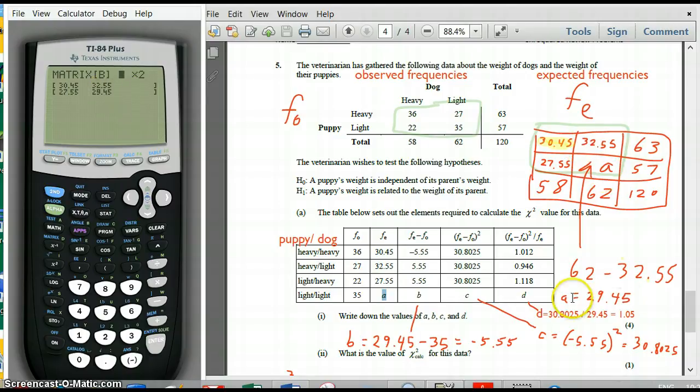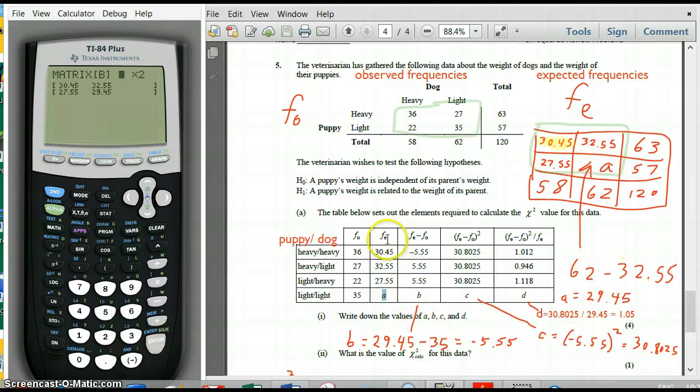And if I wanted to calculate 29.45, it would be pretty easy to do because we know the subtotals, right? And if we know the subtotals, then all these columns and rows have to add up. So 32.55 plus A has to be 62. So A is 62 minus 32.55, which is 29.45. So you could find it with the calculator, or you could find it using this method here. So A, we can figure that out pretty easy.